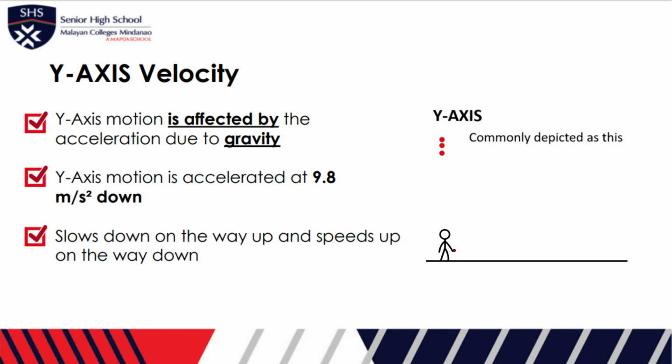Always remember that in y-axis motion, it is accelerated at 9.8 meters per second squared down, which is also the acceleration due to gravity. It slows down on the way up and speeds up on the way down, as it is being affected by the variable mentioned.